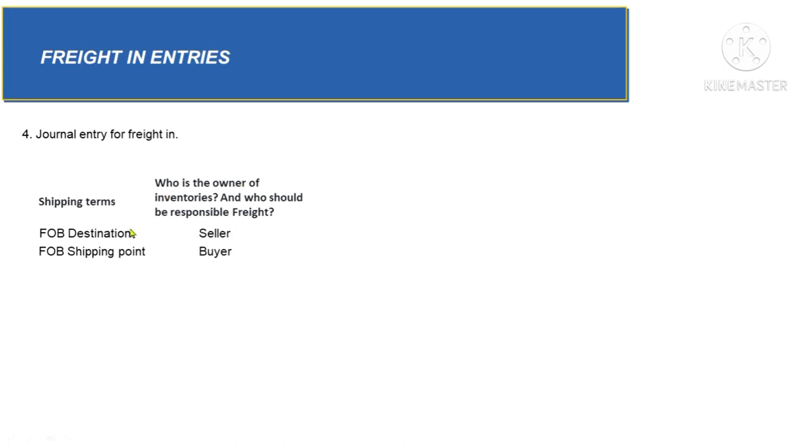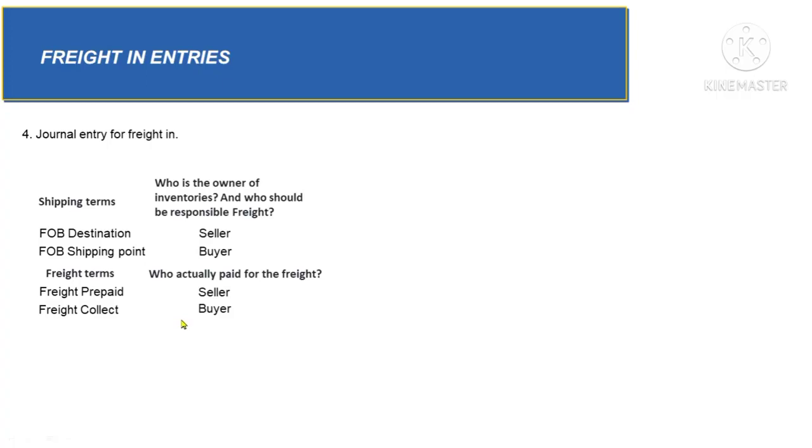If FOB destination, of course, the ones responsible for the freight is the seller. And the ones responsible, if ever the terms is FOB shipping point, is the buyer. The freight terms, on the other hand, actually gives you an idea as to who actually paid for the freight. If freight prepaid, then that means the seller paid for the freight. But if freight collect, then you as the buyer is assumed to have paid for it.